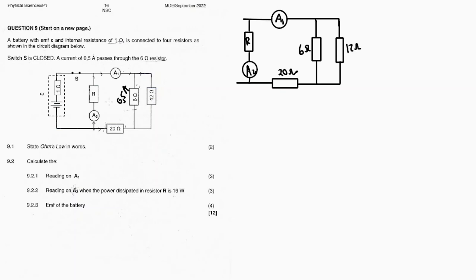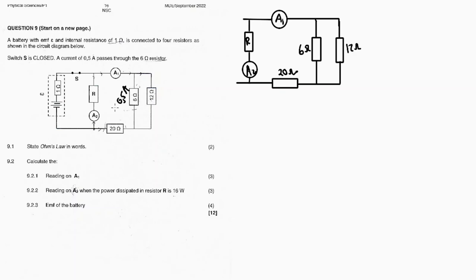So now here, this is just a portion of the circuit actually. So I take these resistors. I want to explain the network, how to treat it, or how you were supposed to treat this network. So here, this is R, here is your R, here is A2, A1, 6 ohm, 12 ohm, 20 ohm.